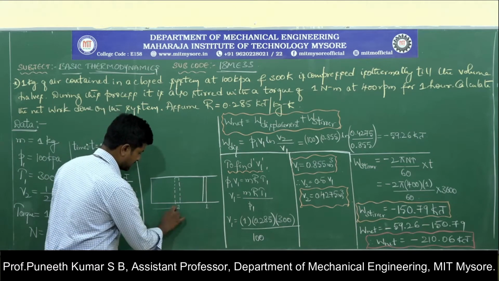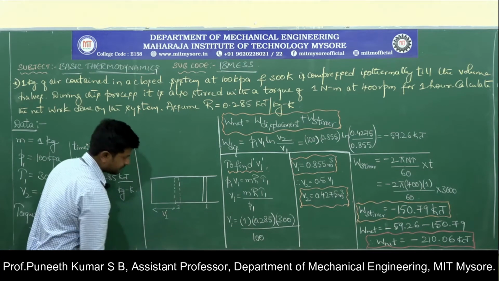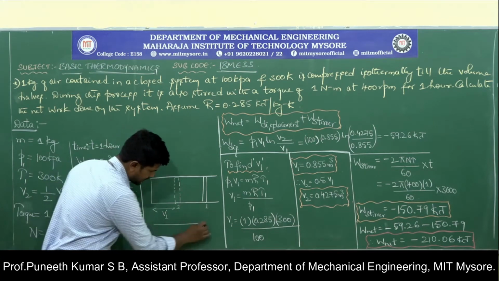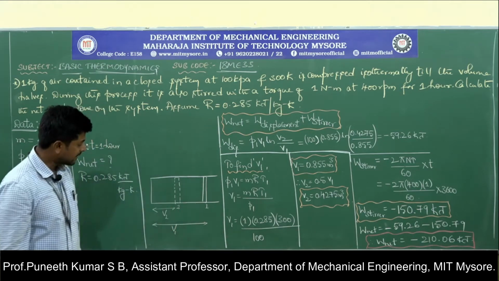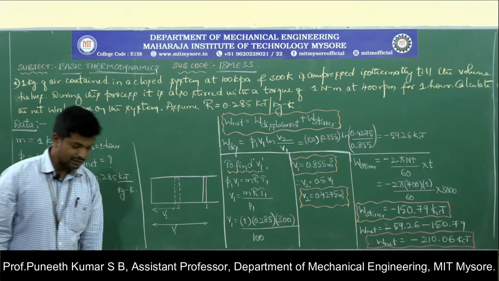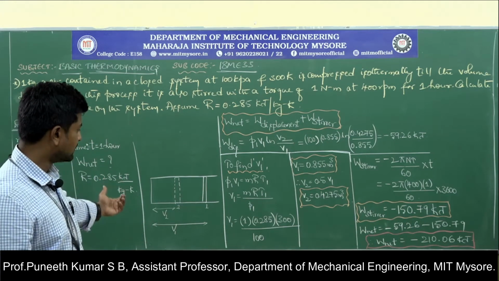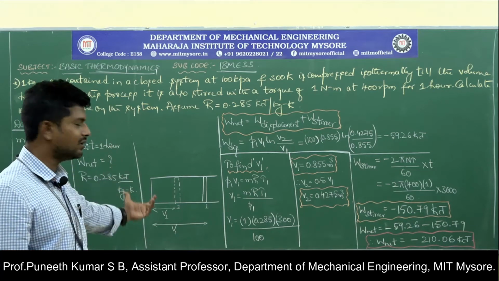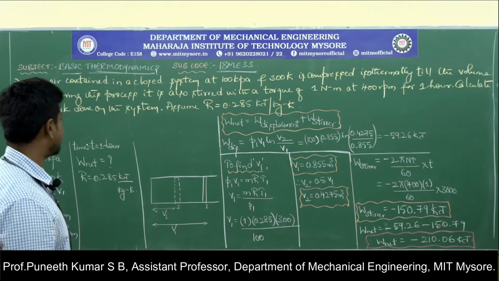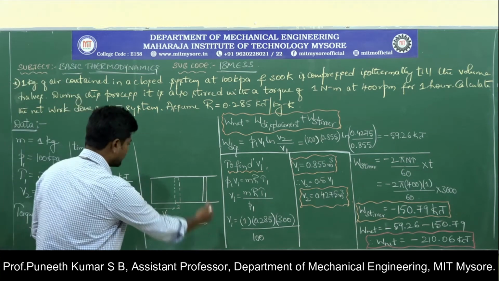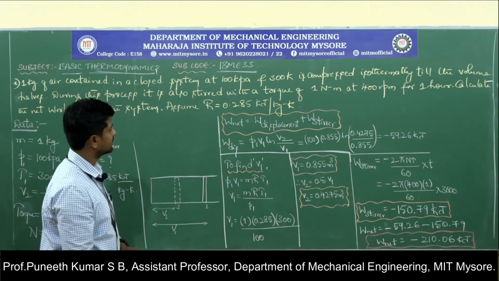Let me say this is volume V2 and this is volume V1. Now by pictorial comparison itself, we can say that the volume V2 is half of the volume V1, and that is what the problem is saying. And the volume has been reduced by isothermal compression.